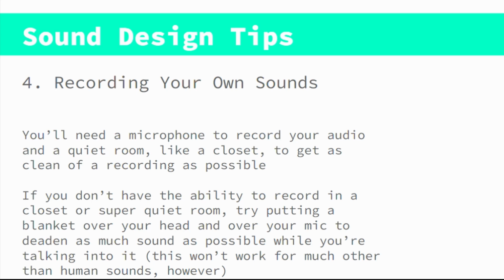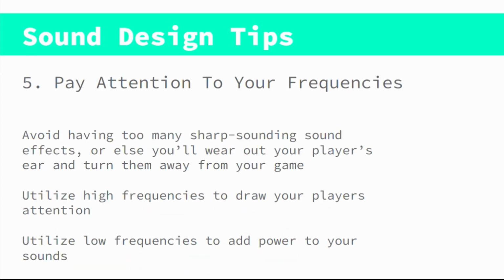If that's not possible for you though, draping a blanket over your head and over your mic if you're doing something like a human sound can also be a good option. If you've never recorded your own sounds before though, I do recommend looking up some YouTube videos on some basic recording principles just so you can get comfortable with the idea. Or if you don't have the means to record your own stuff, stick to the libraries that you have access to for now.